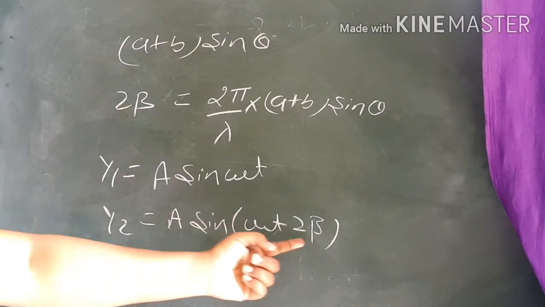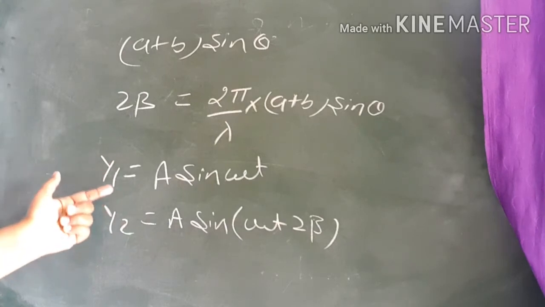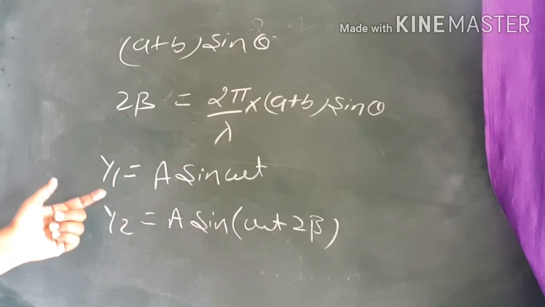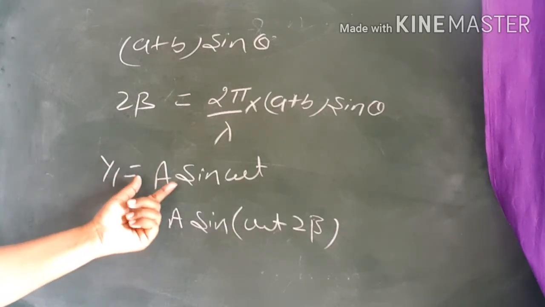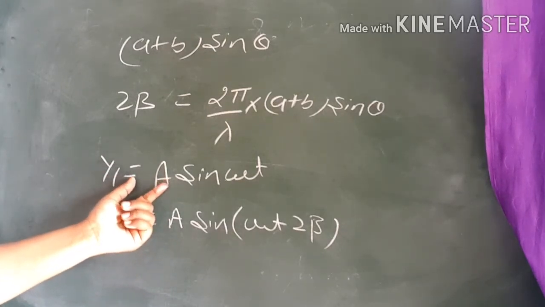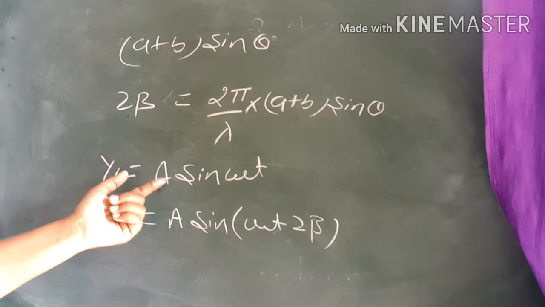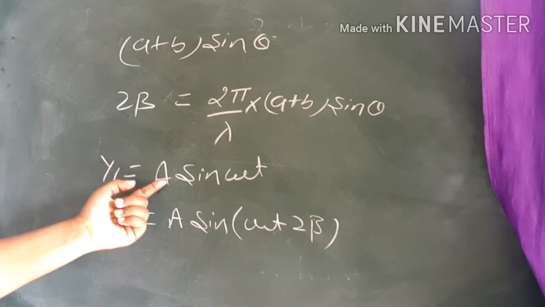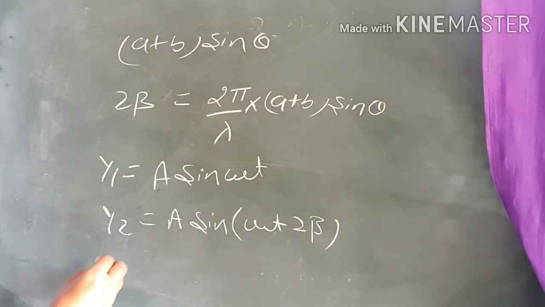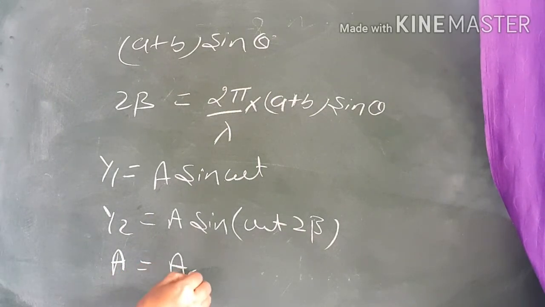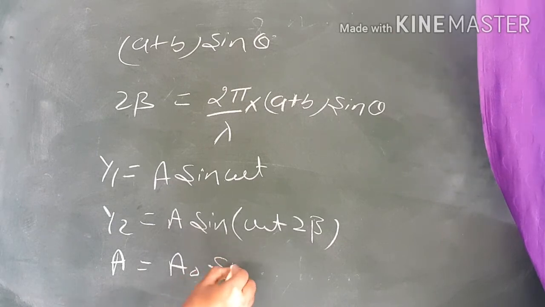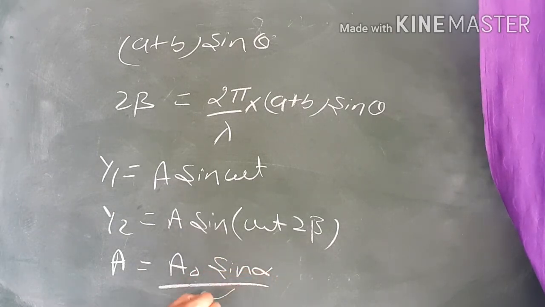A is the effective amplitude due to a single slit. In the last case of single slit, we discussed this is the amplitude due to all the waves coming from a single slit, and its value is given by A is equal to A naught sine alpha by alpha.